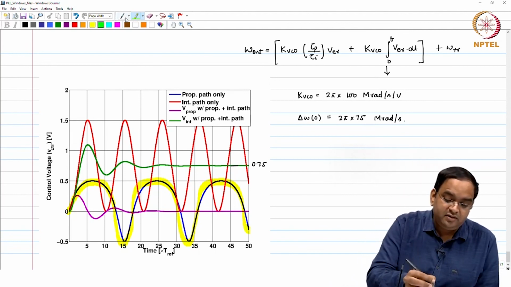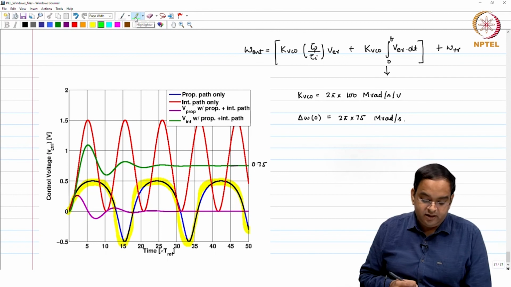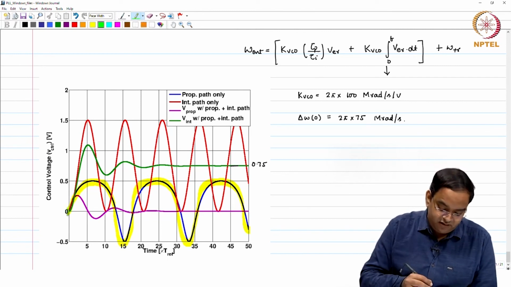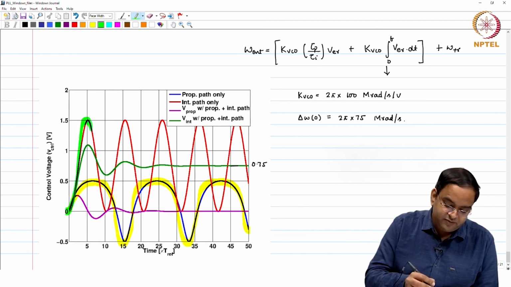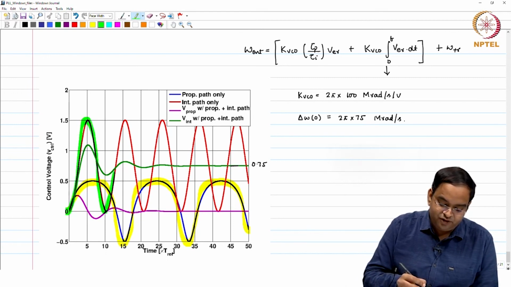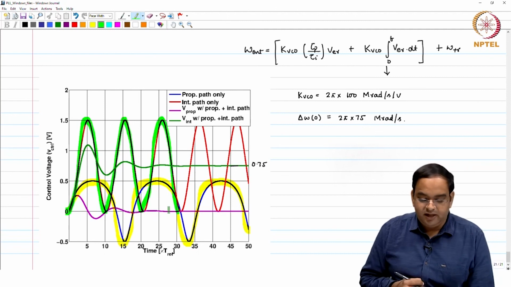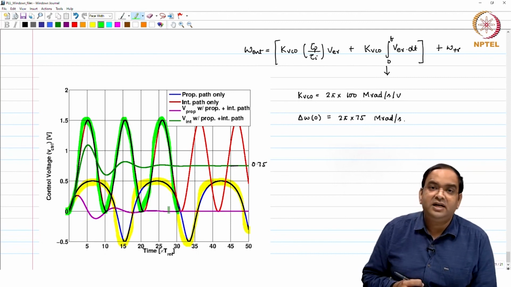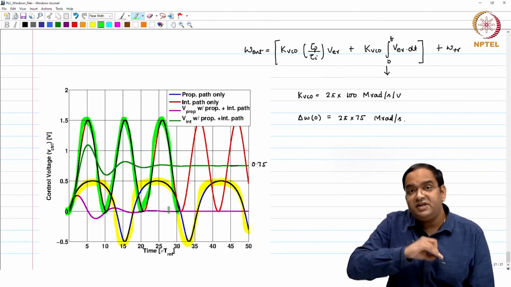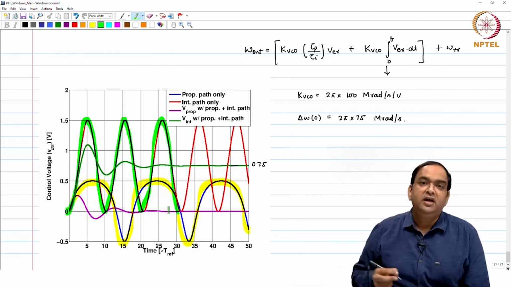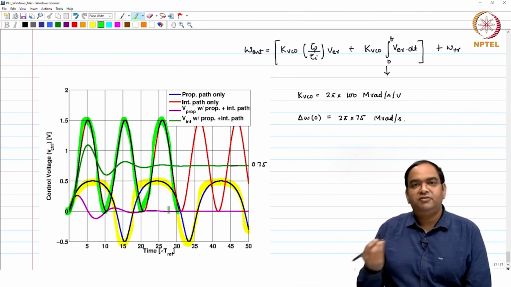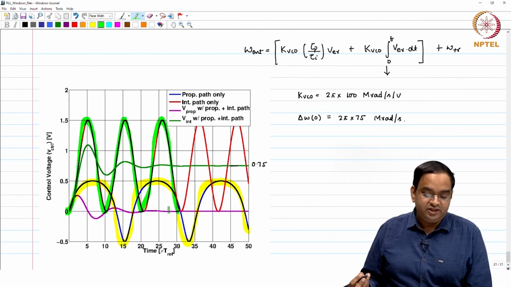In case we had only the integral path, then you see the control voltage always keeps on, it is a sinusoid, you are integrating a sine wave, you will get a cosine, right, and it keeps on integrating and never settles. Never settles means it never reaches a finite value, it keeps on changing. If the control voltage keeps on changing, then the frequency of the oscillator will also keep on changing.